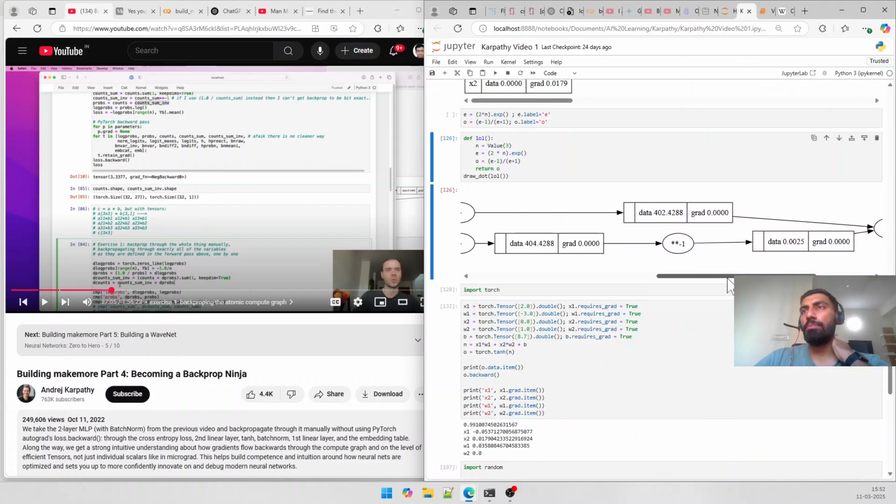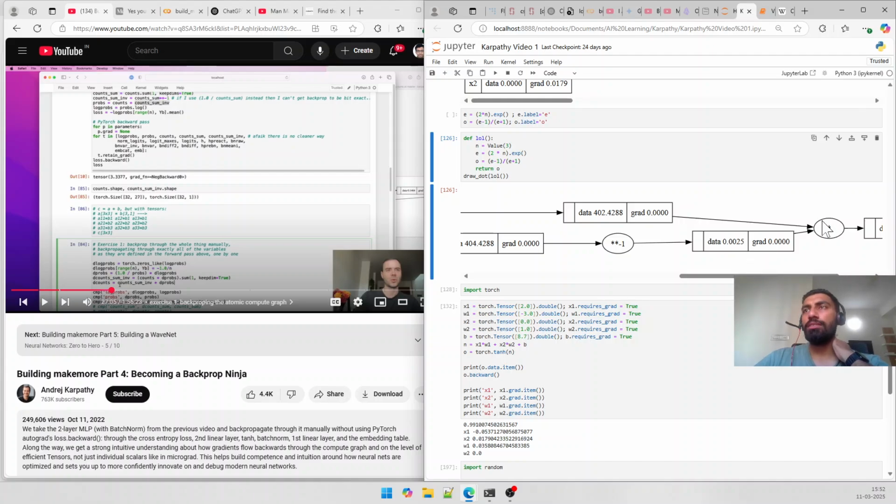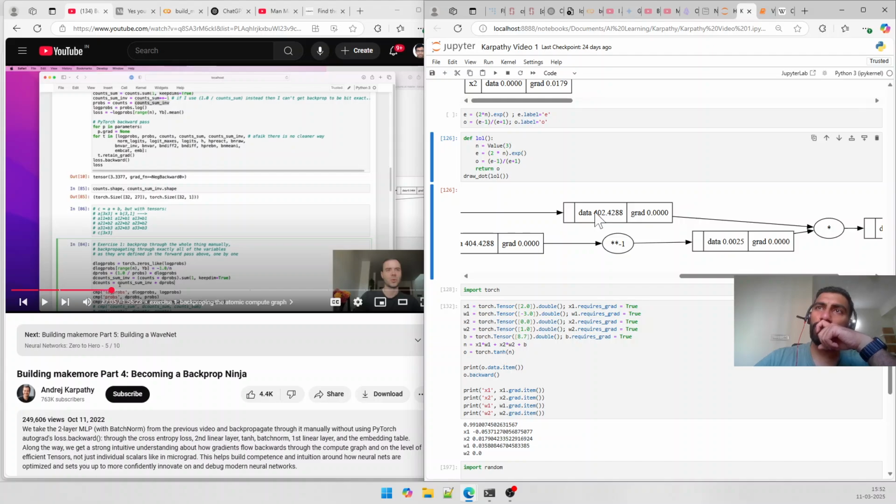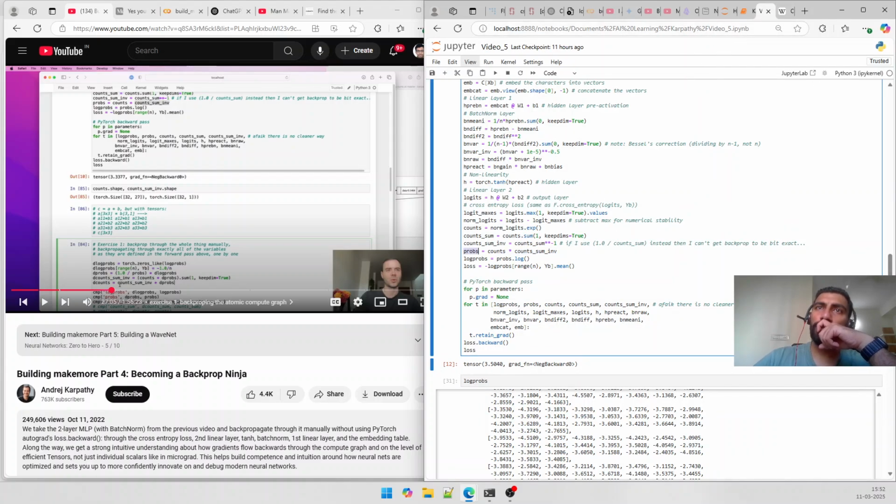So in back propagation, if you remember right, when we sit here, we calculate the gradient for this and the gradient for this, whichever are, we form that tree structure, okay? So that's where we need to calculate decount. So it is something like how counts is impacting probs, and then how probs is impacting loss.